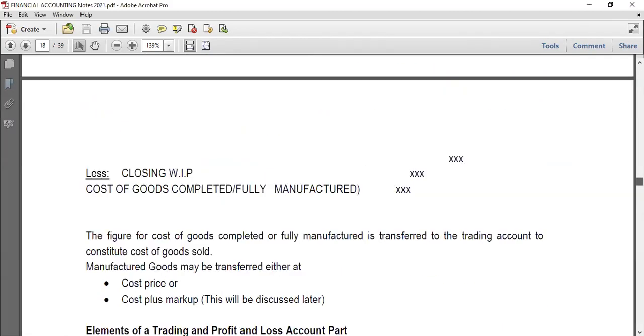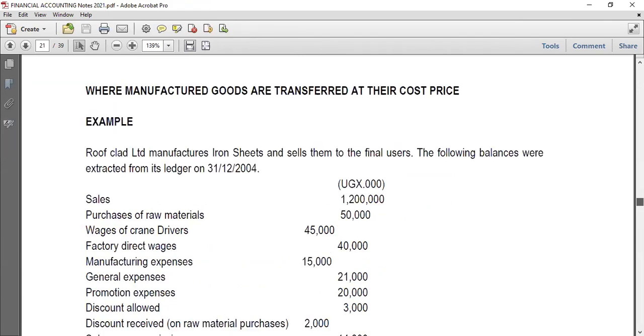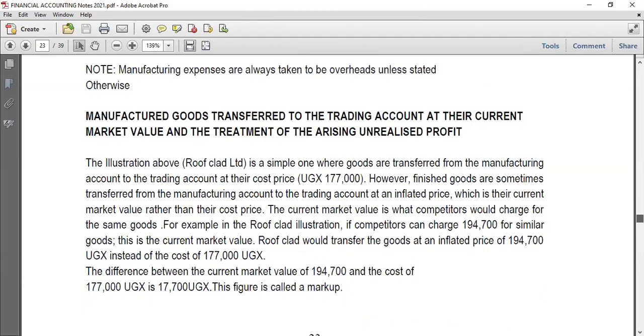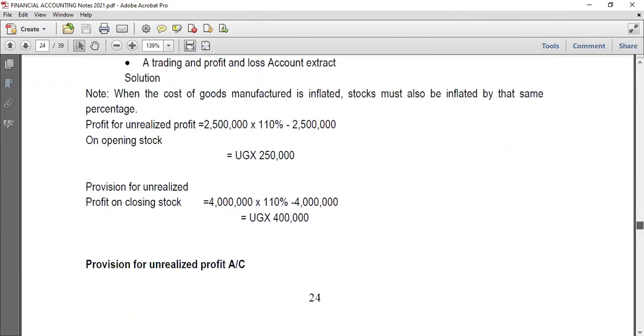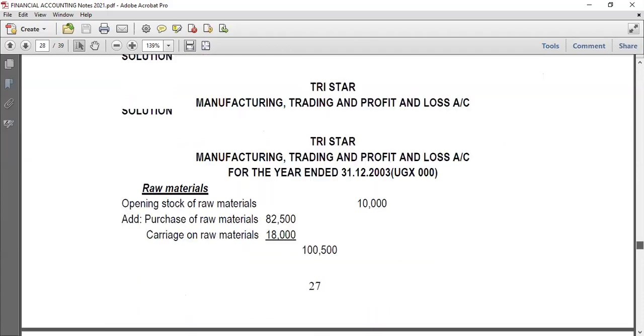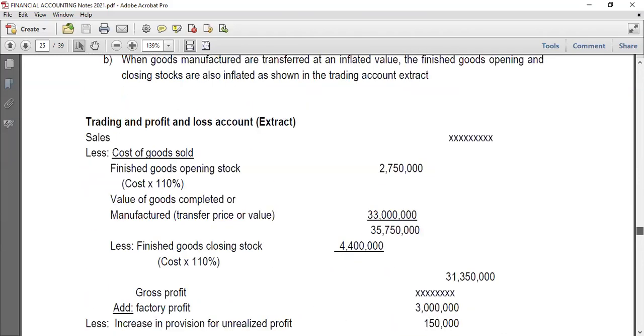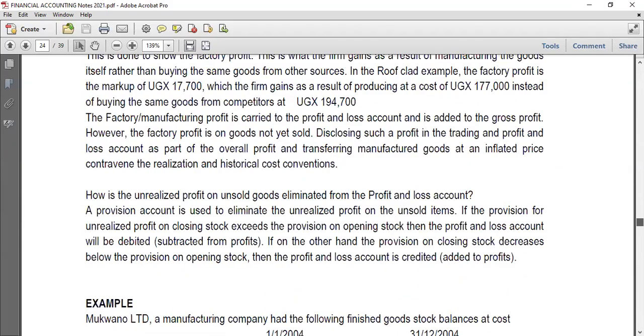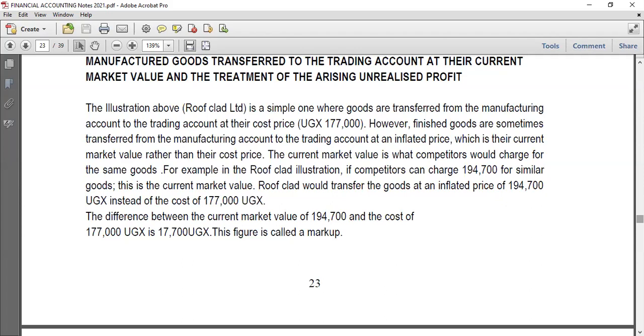Today I want to look at one part of the manufacturing accounts that I think we didn't look at because of time. This is a part that I didn't give much attention in the previous class.